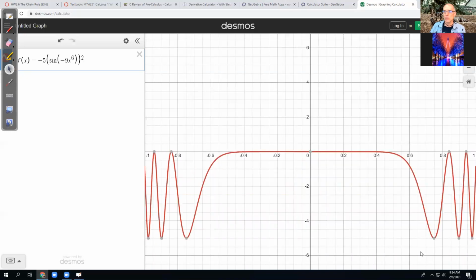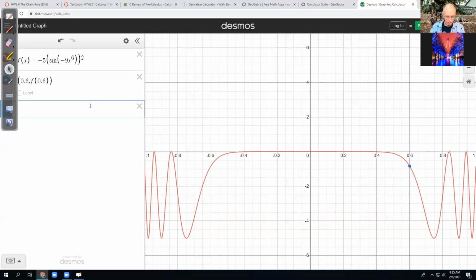All right, and then let's go for a derivative at 0.6 here. So we want the point 0.6, comma f of 0.6, bang.